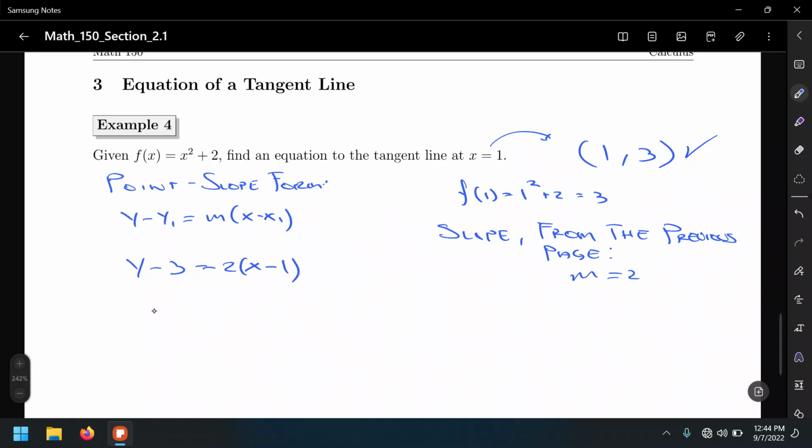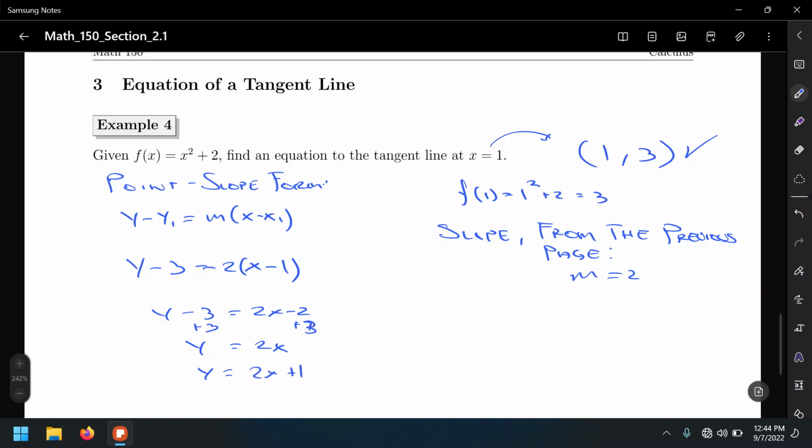So y minus 3 equals 2x minus 2. Add 3 to both sides to get y equals 2x plus 1.